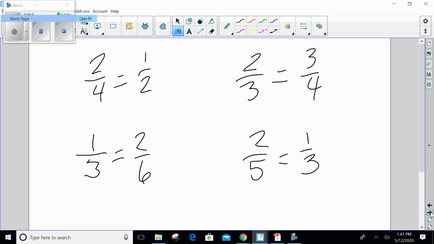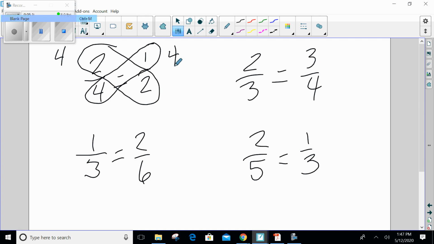butterfly method. So I'm going to take the numerator, go get the opposite denominator. How much is that? That's 4. I'm going to start with the numerator, get the opposite denominator, and 1 times 4 is 4. Is that equal? Yes.